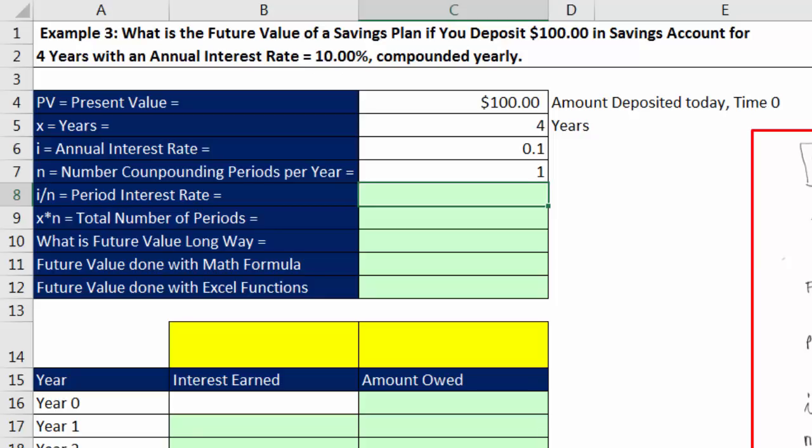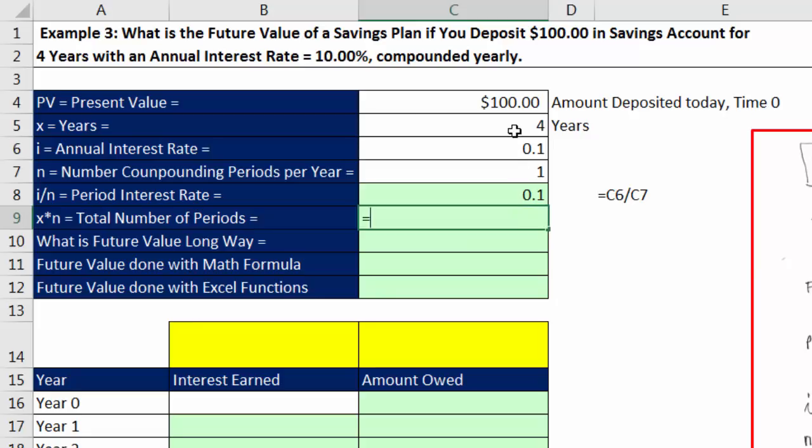So I'm going to, for the period rate, say equals, there's the annual rate, divided by the number of compounding periods per 1 year, which happens to be 1 in our case. So when I hit enter, I get the same annual rate as period rate. Total number of periods, same thing here.